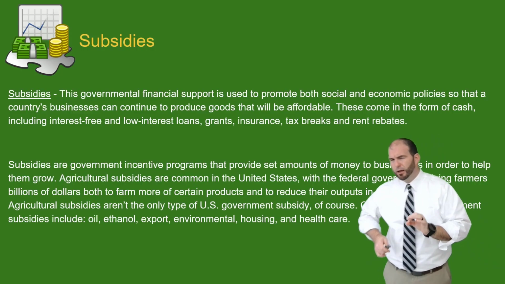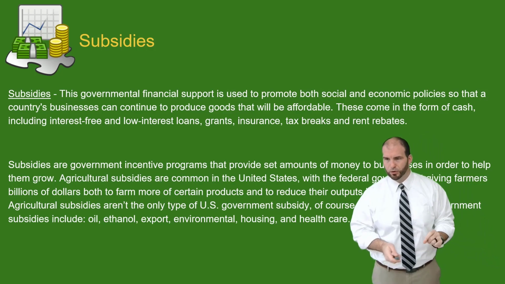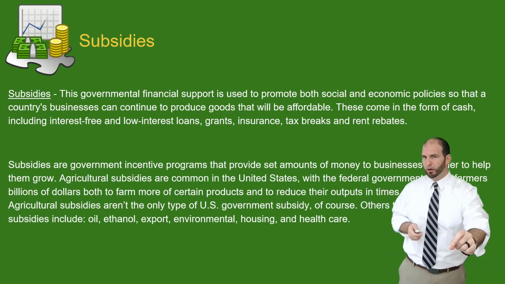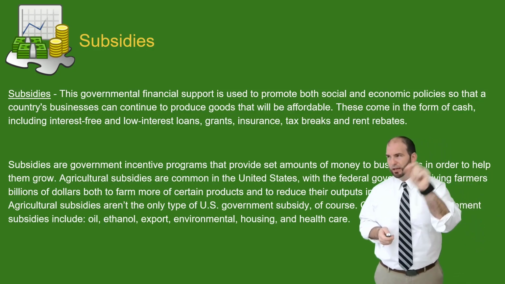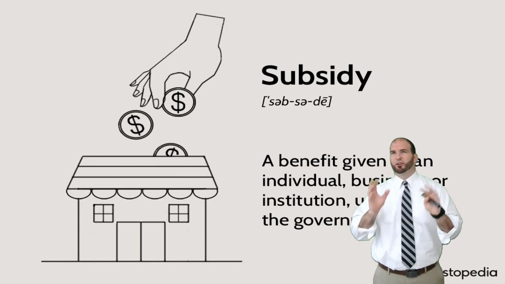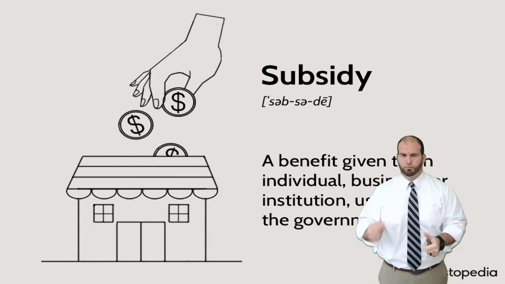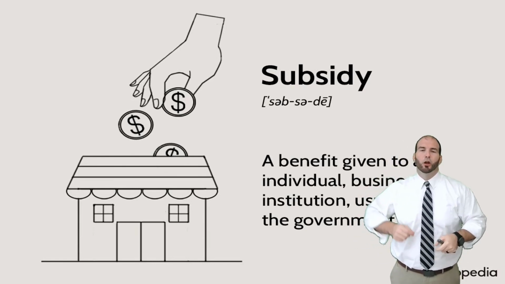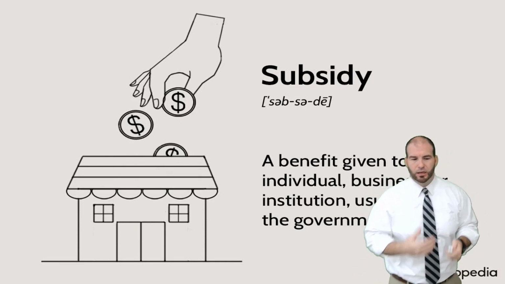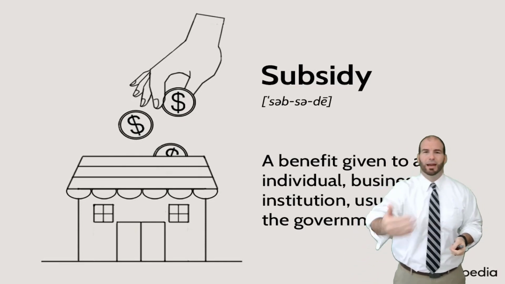All right, a subsidy. So a subsidy at first is going to sound a lot like tax breaks or a tax incentive. It's different, all right? So a subsidy, the official term, is a benefit given to an individual, business or institution, usually by the government. So with tax incentives, when you pay your taxes, you just pay less taxes.